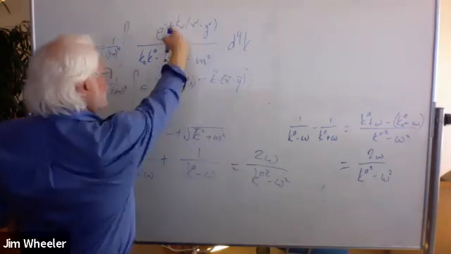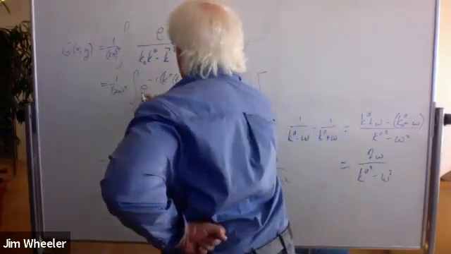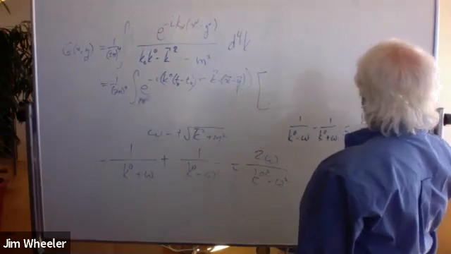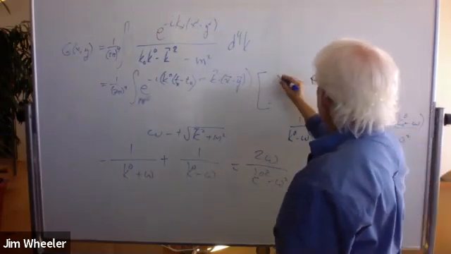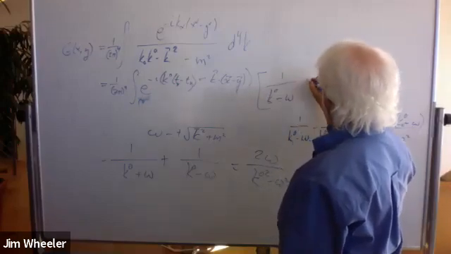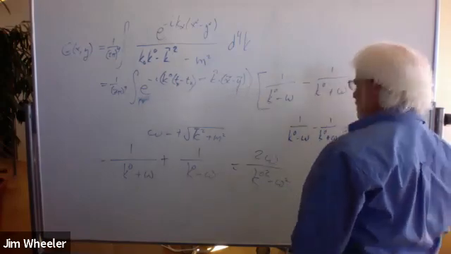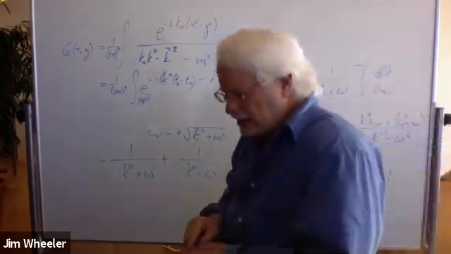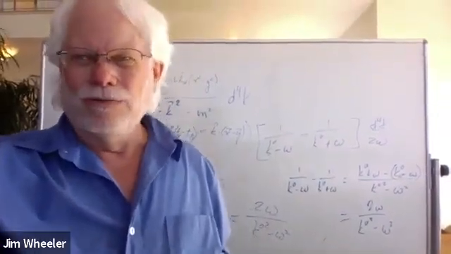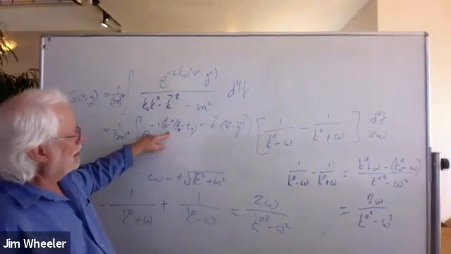If I expand that numerator, there's a d4k over 2 omega, and then we have our two poles, 1 over k naught minus omega minus 1 over k naught plus omega. Now, this is like the prototypic form for a contour integral, because you've got this exponential, right?